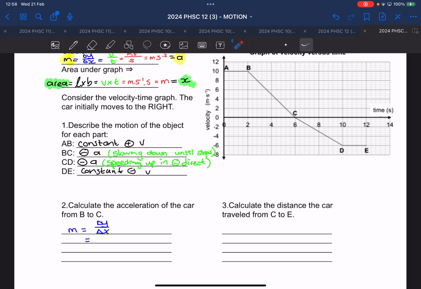So for BC, final is 0, initial is 10. And then the time, final is 6, initial is 2. So 10 divided by 4?